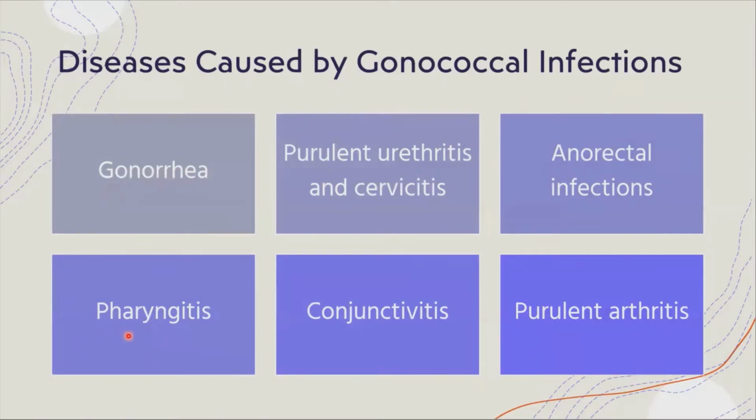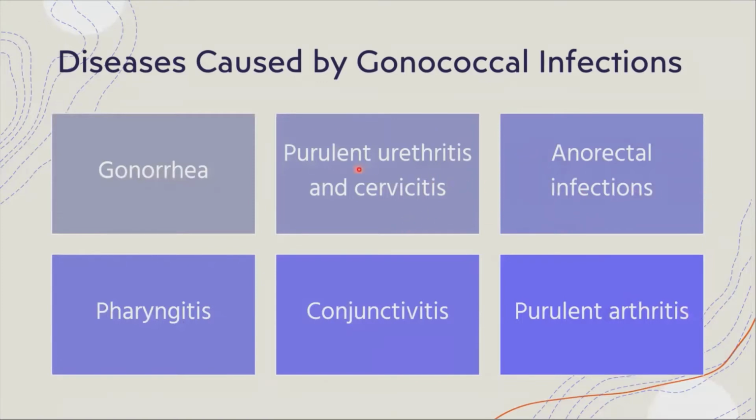Pharyngitis, pwede rin mapunta sa lalamunan yung ating gonococcal infections due to oral sex. Kapag sa conjunctivitis, through exposure of the eyes to infected reproductive fluids such as the seminal fluid, and of course, purulent arthritis kapag naging disseminated na or kapag kumalat na yung infection.